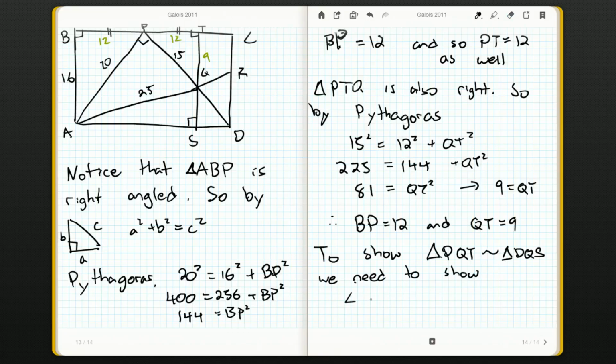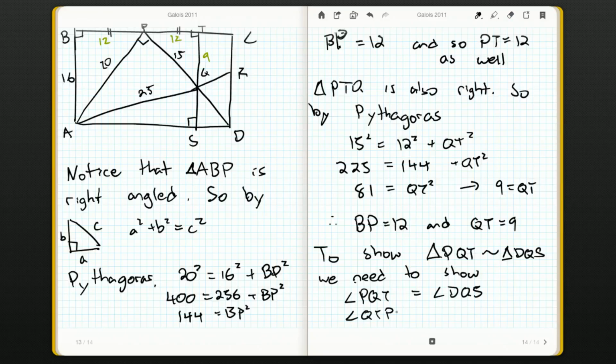So what do we need to show? Well, we need to show that each of the angles corresponds to the other ones that we want. So the way I figure out which angles we want are, you write the triangle's letters in order of the angles that correspond. So PQT should be equal to DQS, and then I just shift over by 1.